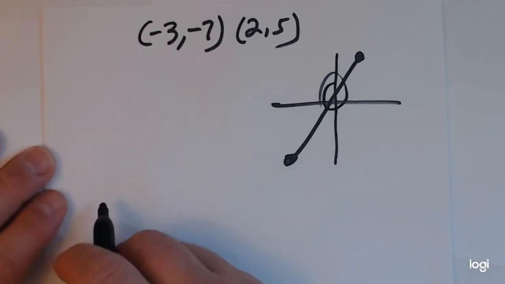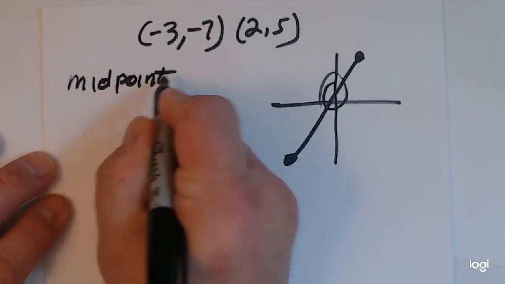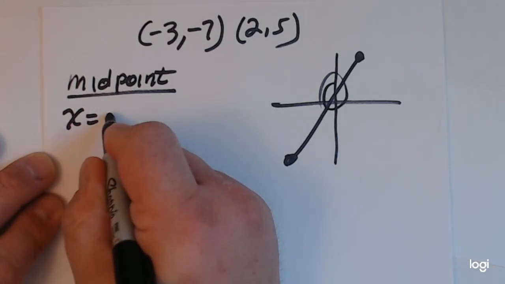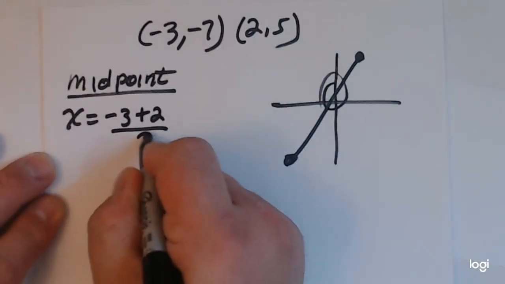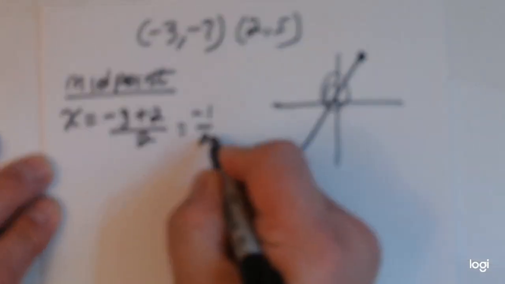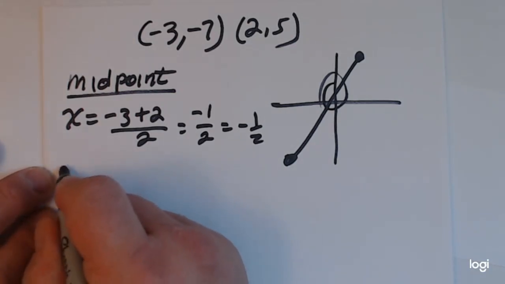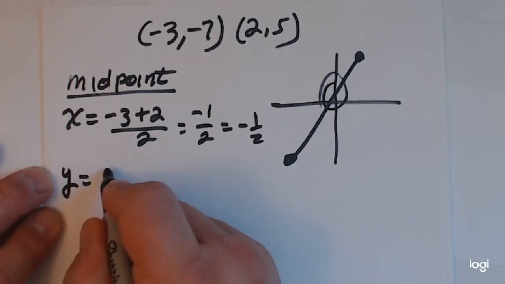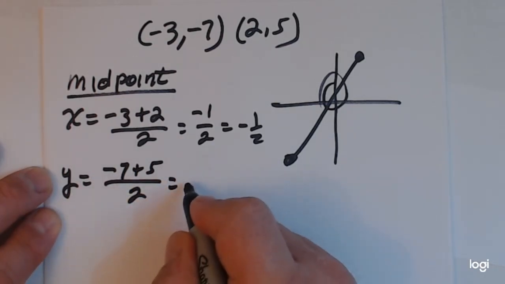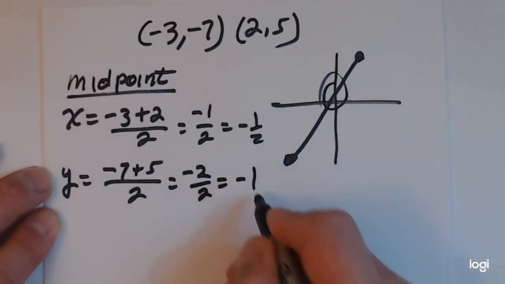So let's find the midpoint first. For x, it's going to be -3 plus 2 over 2, which is -1 over 2, which is -1/2. And for y, we have -7 plus 5 over 2, -2 over 2, which is -1.